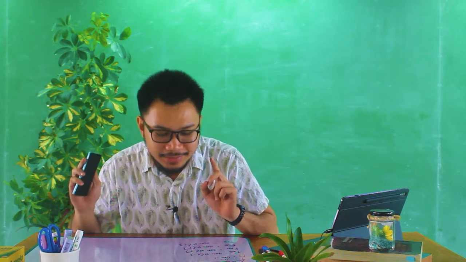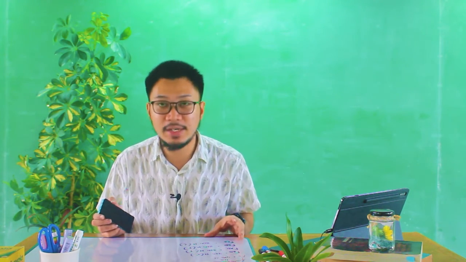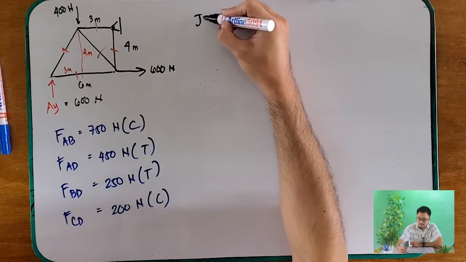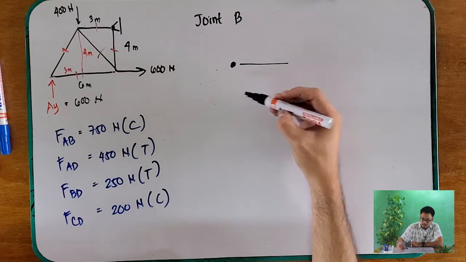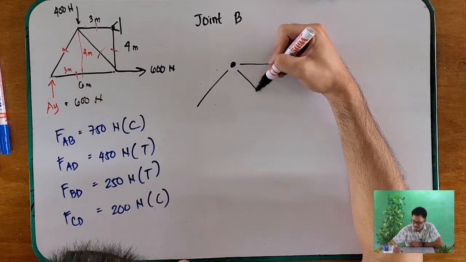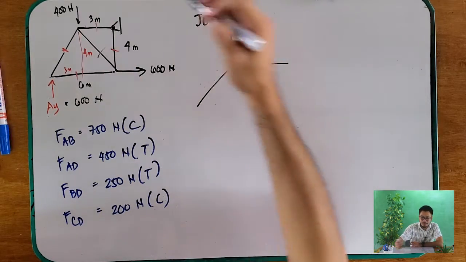So take note, importante kaayo ang pag-draw sa joint. And importante nga ma-account nimo tanan ng forces nga naa nga joint. Kung sayop ang imong pagbutang sa mga forces, then masayop ang imong answer. Definitely. Okay? So you should take note of that, because that is very, very important. Joint B. So this is your joint B. You have here, you have there, you have there, and you have there. So always, don't forget the external force of 400 newtons.